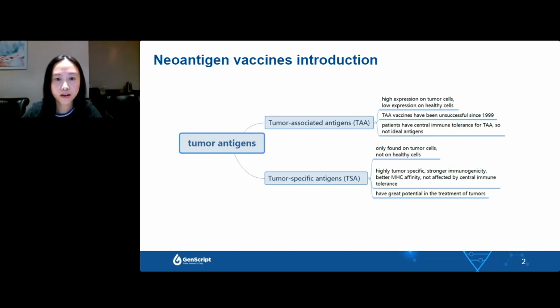It can only be found on tumor cells, but not on healthy cells, which makes it a very good potential for the treatment of tumors. Another advantage is that it is highly tumor-specific and has strong immunogenicity, better MHC affinity, and is not affected by central immune tolerance. So this TSA gave us hope to develop a new kind of vaccines.